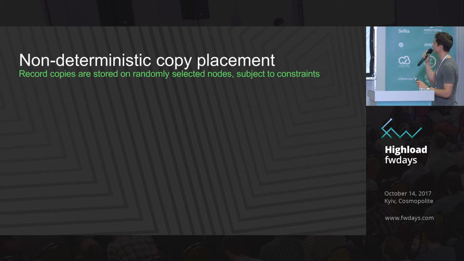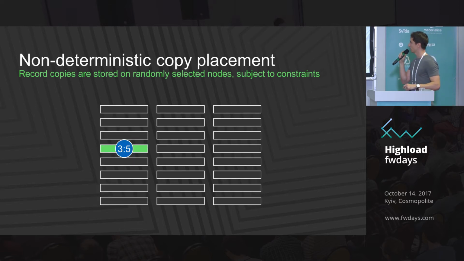Now this is an interesting concept about non-deterministic copy placement. As I said, let's say we have an appender on some machine, and we're trying to save a message. We select 3, or the number of replicas, random machines in the cluster. And once we select them, we just send the store messages to them. I want to point out that it's random, it's not pre-selected.